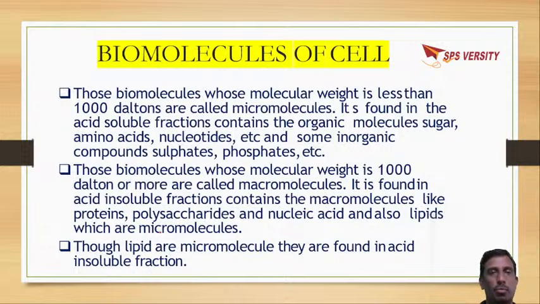So based on the molecular weight, the biomolecules are divided into two: biomicromolecules and biomacromolecules. Biomicromolecules means which has molecular weight less than 1000 Daltons. Okay. So it is found in simple sugars, amino acids, nucleotides, sulfates, phosphates.